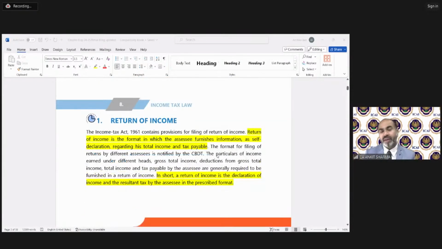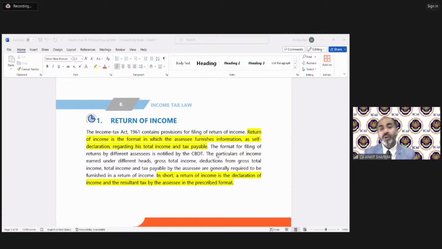So return of income. I have just explained what the meaning of return of income is. Return of income is technically information which an assessee submits to the income tax department. We have done all the calculation at our part regarding our income, our residential status, deductions.